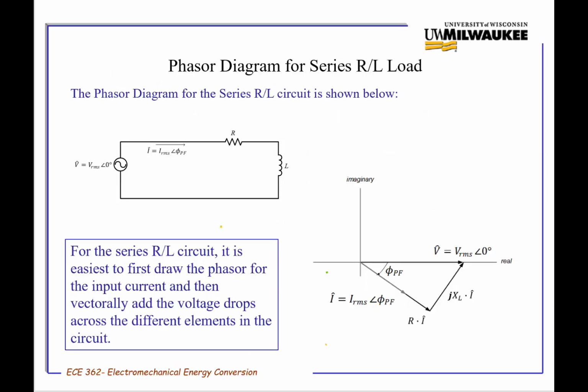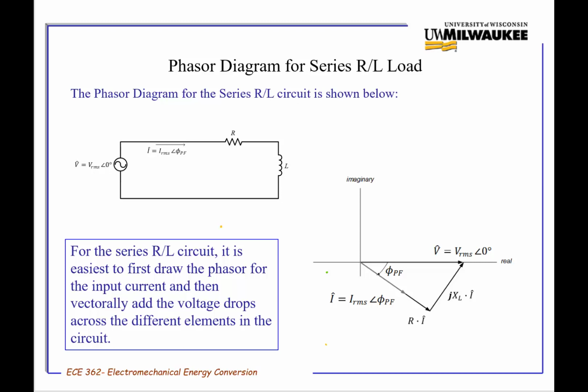So how about phasor diagrams? How would we approach developing a phasor diagram, and how might it be useful to us for this type of circuit where we have a series RL?